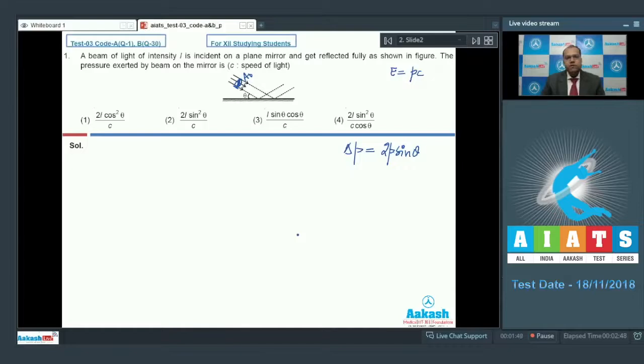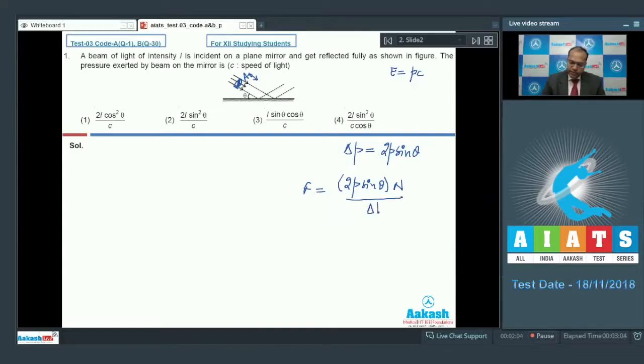So the total force exerted on the mirror is F equal to 2p sine theta into n, where n is the total number of photons coming in this area A0, divided by delta T.